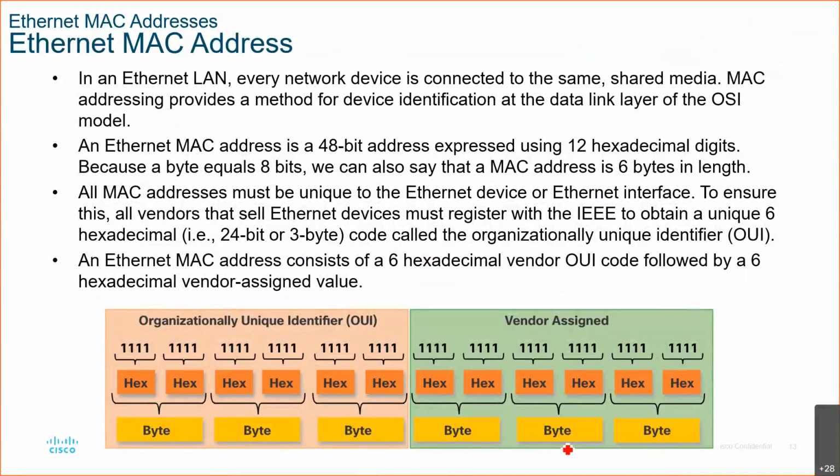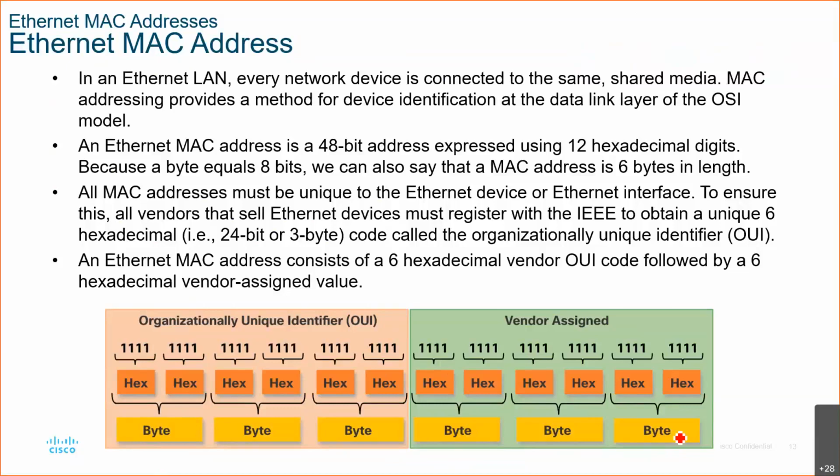Each of these consists of 2 hexadecimal values. So that's why 1, 2, 3, 4, 5, 6, 7, 8, 9, 10, 11, 12. 12 hexadecimal values come together and make 6 bytes.